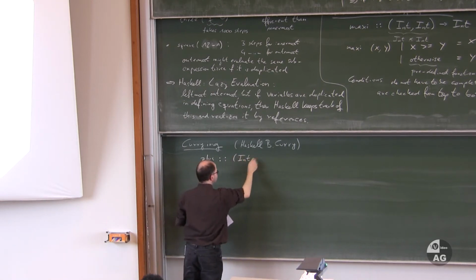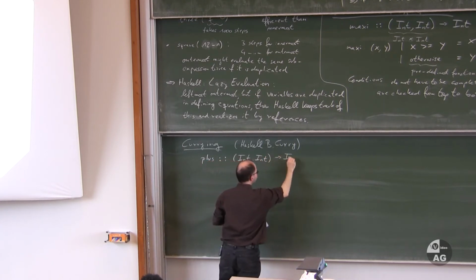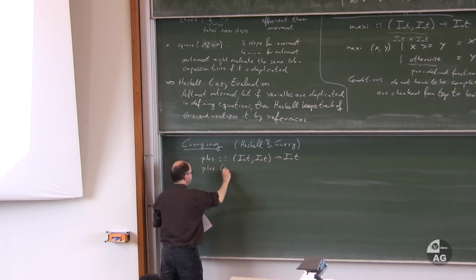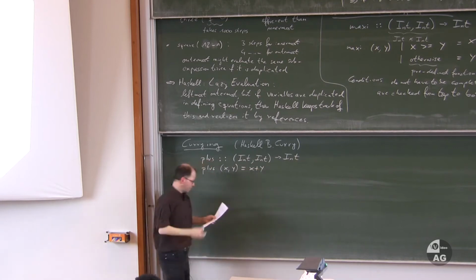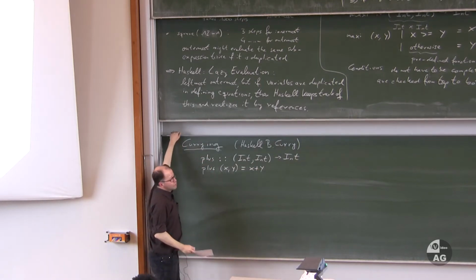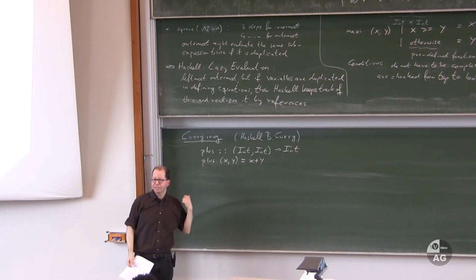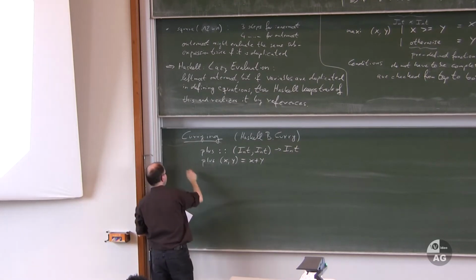It takes two integers, so a tuple with two integers, and it returns an integer. And how is this defined? Well, it takes an x and a y, and it returns x plus y. So you could write it like this, but Haskell programmers don't like this. They would never write something like this. Typically, they would write something else. So this is version 1.